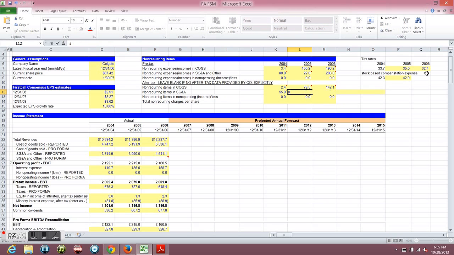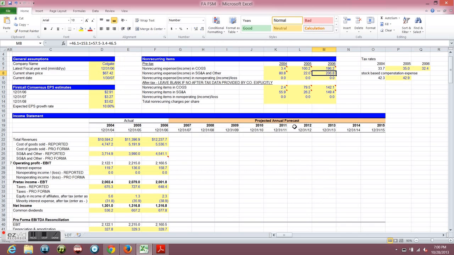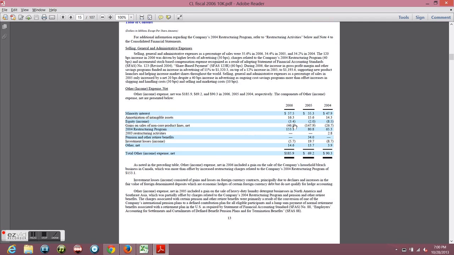Over here, we're going to get rid of our 46.5. Now, why are we doing that? Our 46.5 is our gains on sales. Why are we getting rid of that? Well, they have given us the amount of tax that's going to be in here. Let me tell you what I mean.